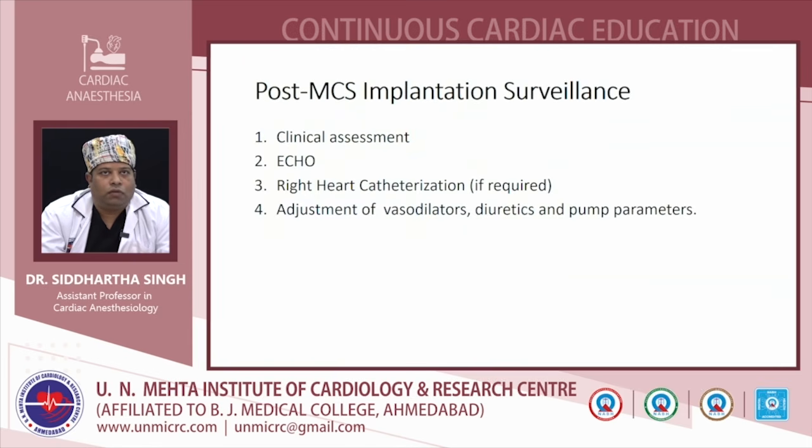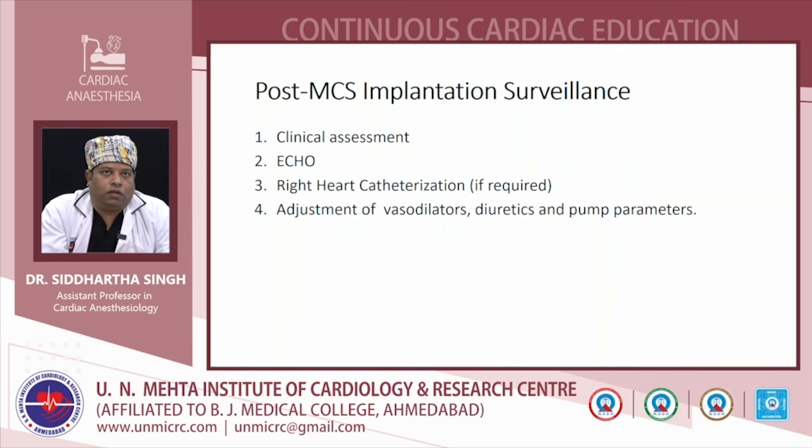thrombosis. Now coming to post mechanical circulatory surveillance, which we can do by clinical assessment, by seeing the peripheries of the patient, urine output, the mentation of the patient, higher motor function, and hemodynamic parameters. Then echocardiographically we can see the position of the mechanical circulatory support, whether there is any clot, and how the blood flow is occurring through the pump.